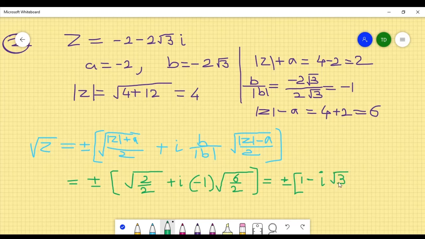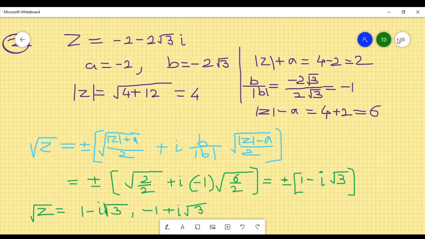So the square roots of this particular z are: root z is equal to 1 minus I root 3, and the second one is minus 1 plus I root 3. So this is the simplest trick to find the square root. Bye.